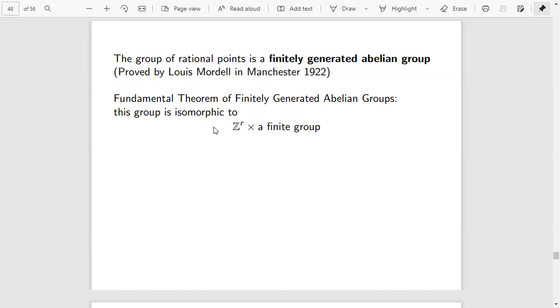So if you think of them, these are two groups that look quite different. The rational points on an elliptic curve and the Z to the r, there's an isomorphism between them in the sense that there's a way that you can map all the points on the curve to points of Z to the r and vice versa.